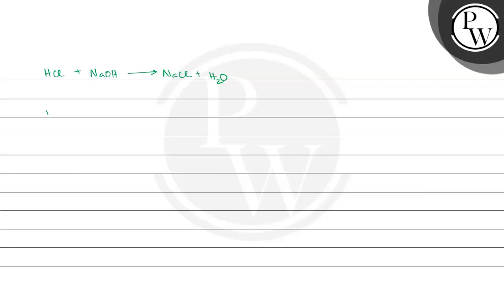So we can say that number of equivalents of HCl is equal to number of equivalents of NaOH, and यहाँ पर HCl एक acid है and sodium hydroxide base है, और दोनों के लिए जो N factors हैं वो 1 है, क्योंकि HCl is a monobasic acid और उसकी basicity 1 है, and इसीलिए इसकी N factor 1 है, and this base सोडियम हाइड्रोक्साइड की acidity 1 है, because ये सिर्फ एक ही OH⁻ आयन donate कर सकती है. So here for this base also the N factor is equal to 1.